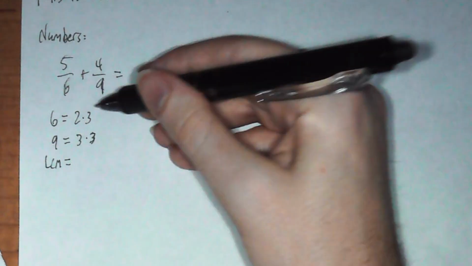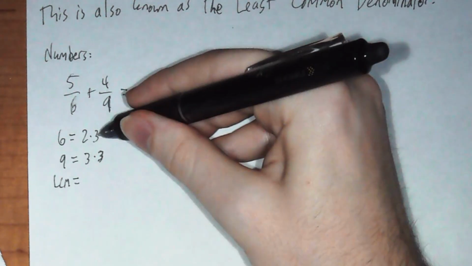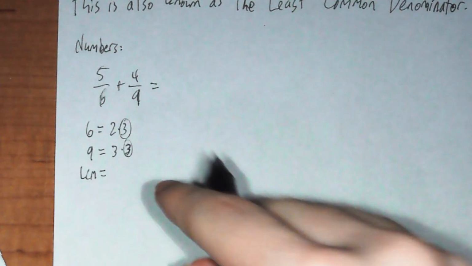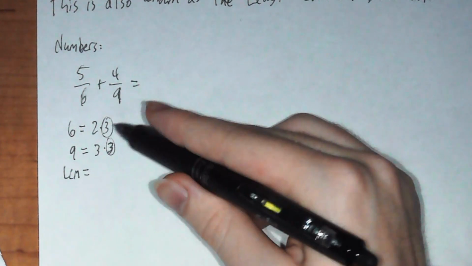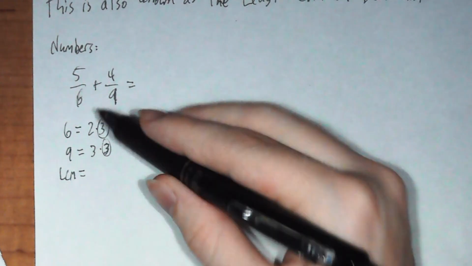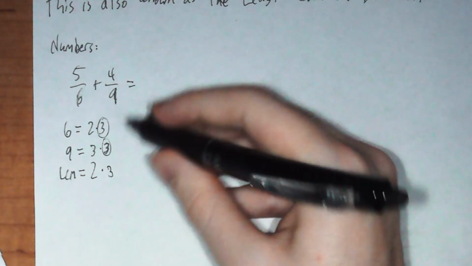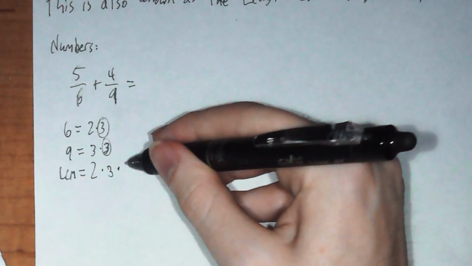So, here we have 2 times 3 and 3 times 3, right? So, we have these 3's in common. Because we have a 3 in common, we only need to list that 3 once. So we list everything else. We have this 2 from the 6, and we have this 3 from the 9. And then we have another 3 in common with both.